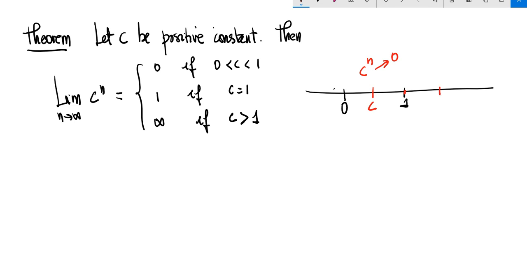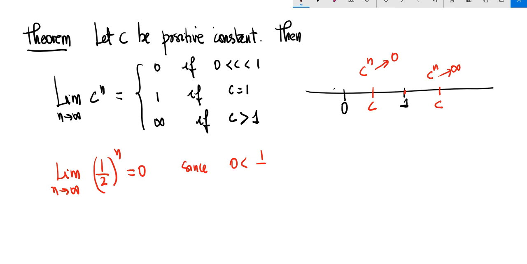However, if you pick your C to be here such that it's greater than 1, then as n is getting bigger and bigger, C power n is going to diverge to infinity. So as an illustration, we can say that the limit of 1/2 power n when n is approaching infinity is going to be 0, since 1/2 is a positive number which is strictly less than 1.